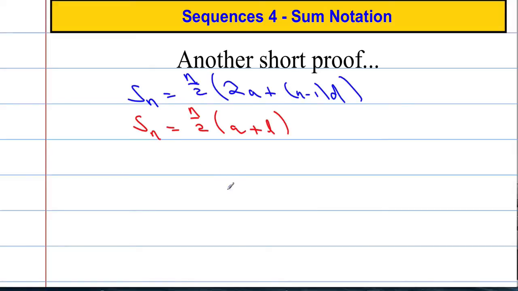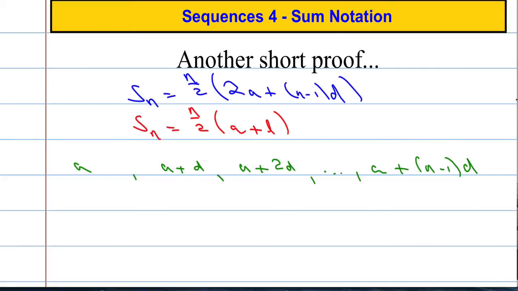Now it's fairly straightforward. If you think of a sequence, we start with the first term, a. The second term is going to be a plus d, the third term will be a plus 2d, and the sequence continues on, and the final term is going to be a plus n minus 1 lots of d.